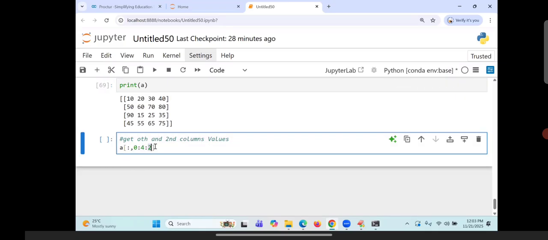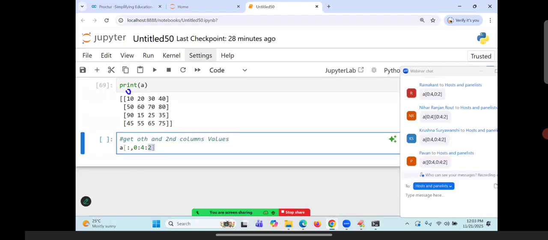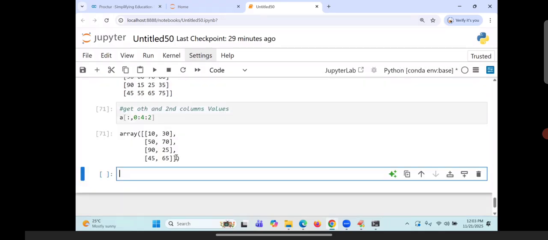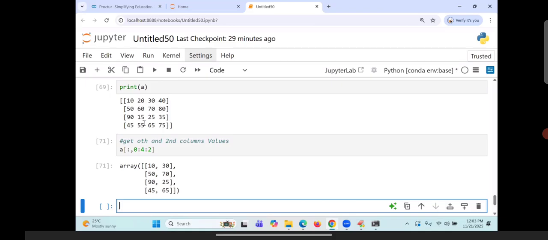But what is our step? First it starts with 0. Plus 2 added means it will come to the second column or not? Plus 2 added means it will go to the fourth column or not? But the fourth column is not there now. So it will take which columns? 0 and second column only. Am I getting or not? 10, 10, 50, 90, etc. 30, 70, etc. Are you getting me?